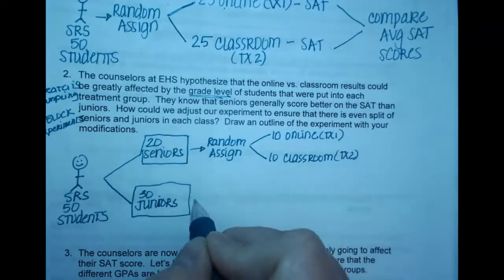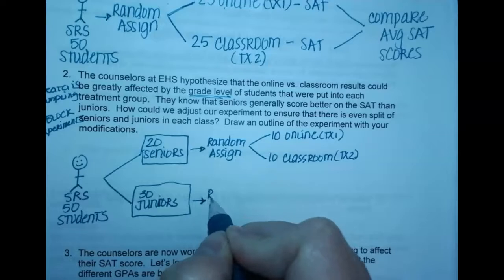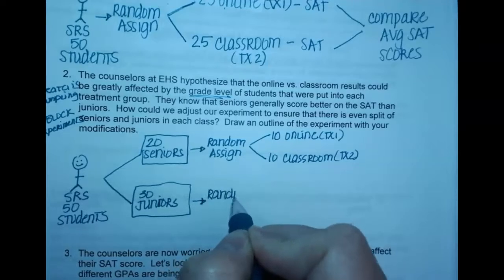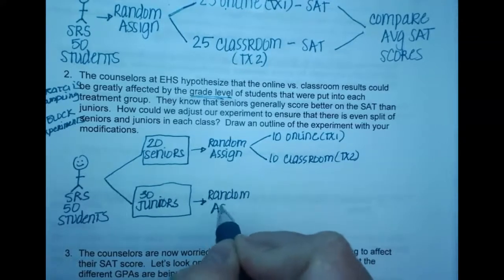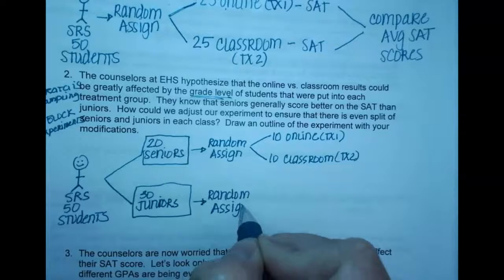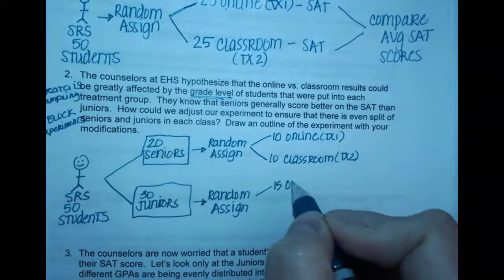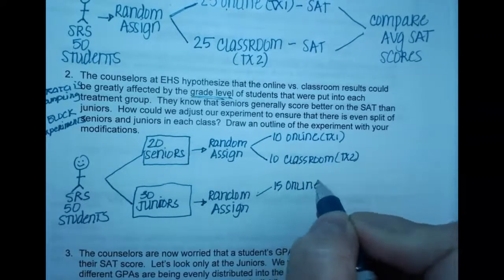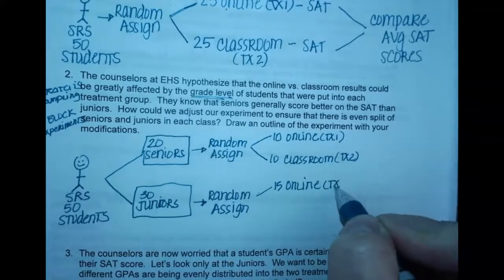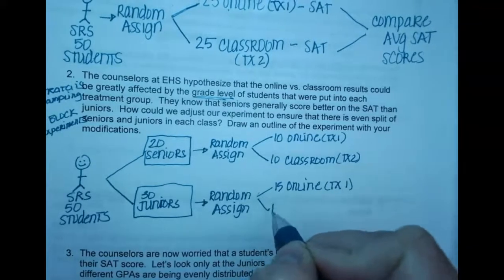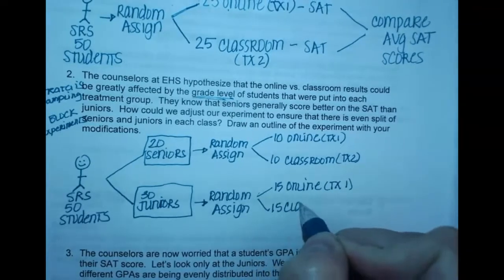same thing to the juniors. We're going to randomly assign the juniors to either the classroom or the online. So there's 30 of them, so we're going to get 15 to go online, and we're going to get 15 to go into the classroom.